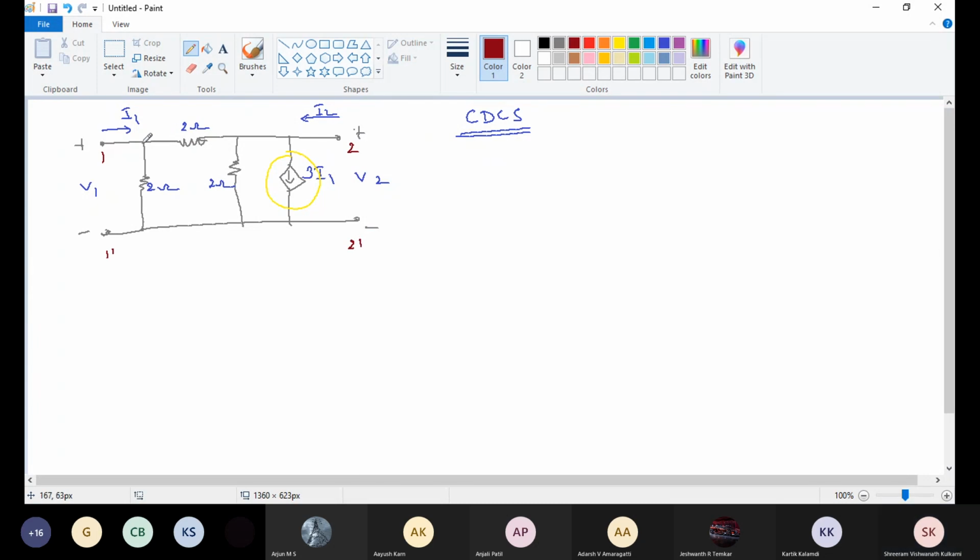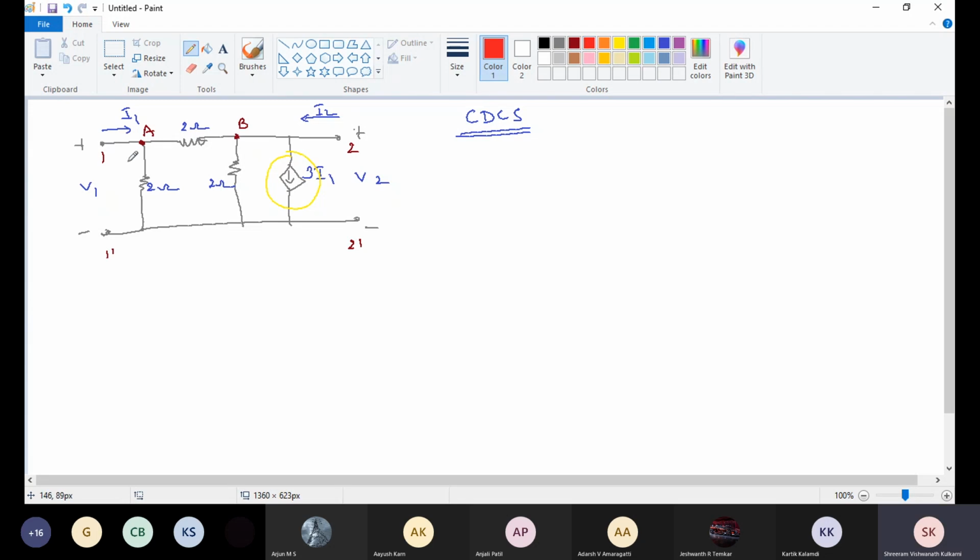Now this point I'm going to mark as A, this one as B. I1 is flowing from 1 to A, I2 is flowing from 2 to B. Now I need to mark other branch currents, because for Z parameters we applied loop analysis, that is KVL, while for Y parameters we apply KCL.